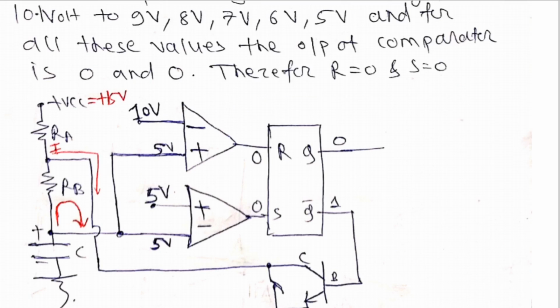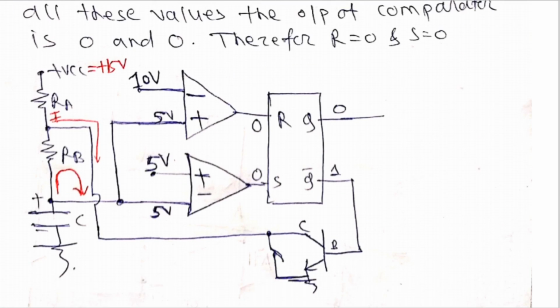So here in the next diagram, this is 10 volt, no doubt 2/3 of VCC. This is 5 volt, no doubt 1/3 of VCC. Now when the discharging of the capacitor starts, then this voltage, which was earlier written 10.1 volt, will not remain 10.1 volt.